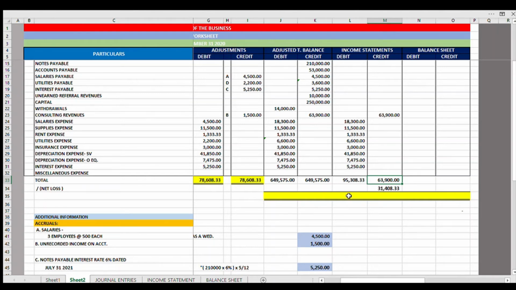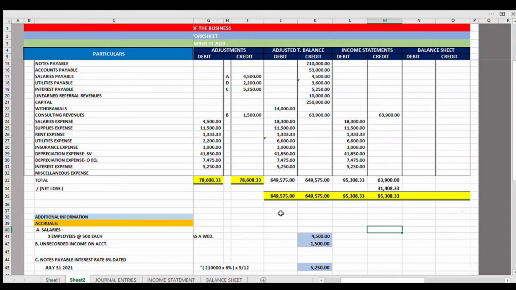So let us check our balances here so that we can be sure that our balances are correct. So it is balanced, no? The same here, just to bring it down, no?